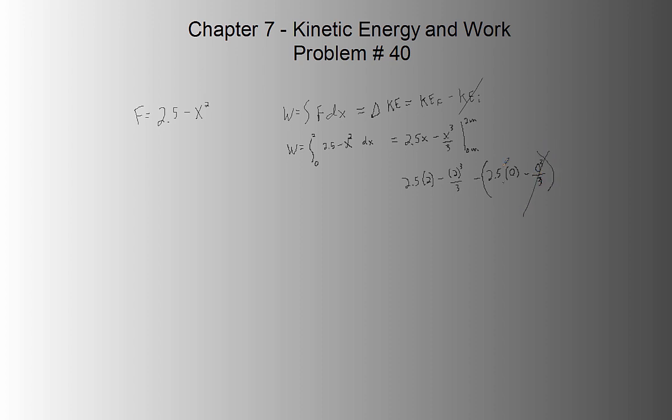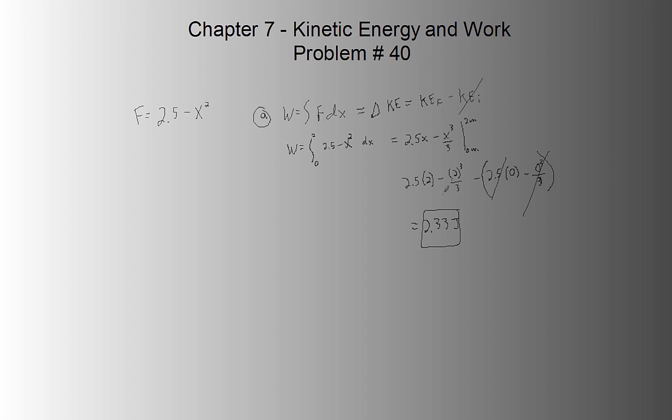Of course, none of this equals anything, so this equals 2.33 joules. Yeah. So that's the answer for part A. The kinetic energy at 2 meters is 2.33 joules.